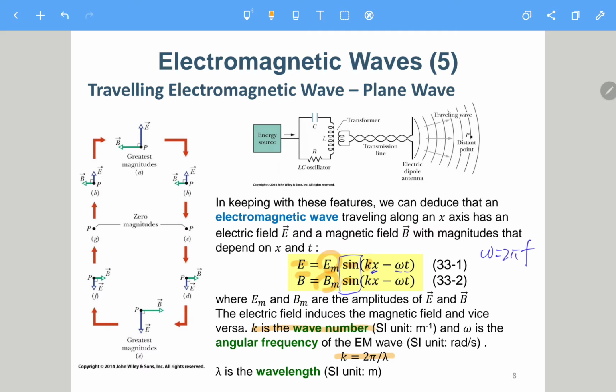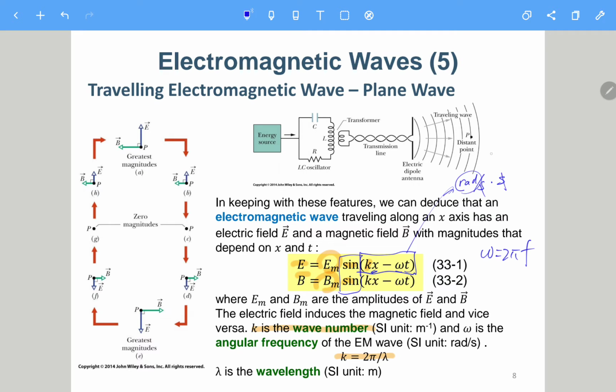One thing you can pay attention to is that inside the sine, it should be something that has no unit, that is dimensionless. Omega is radian per second, and t has the unit of a second, so second and second cancel.